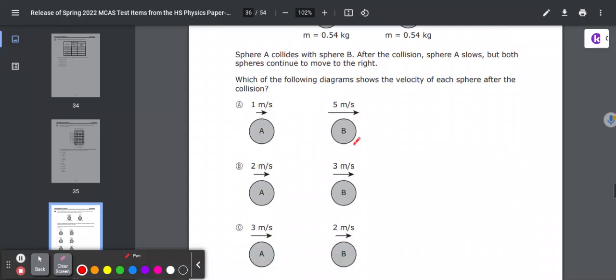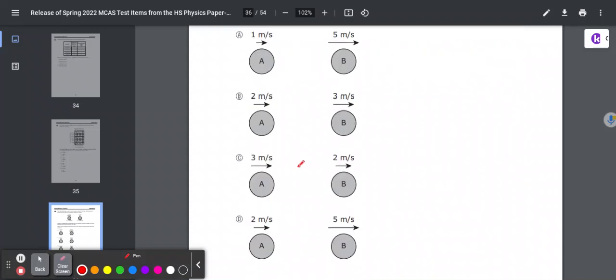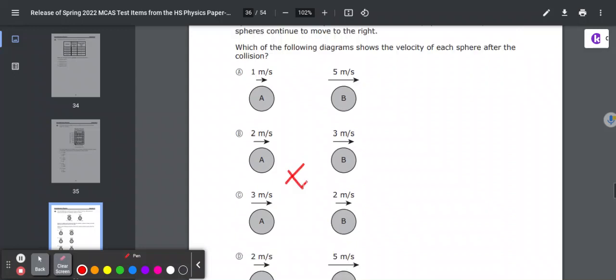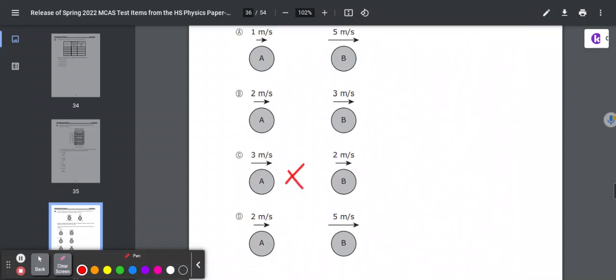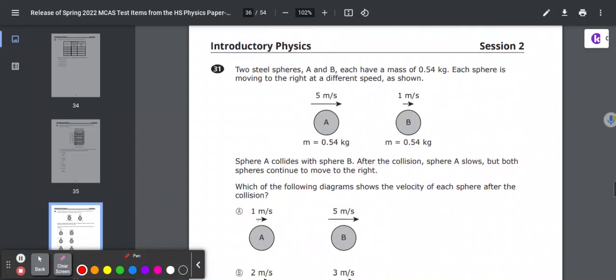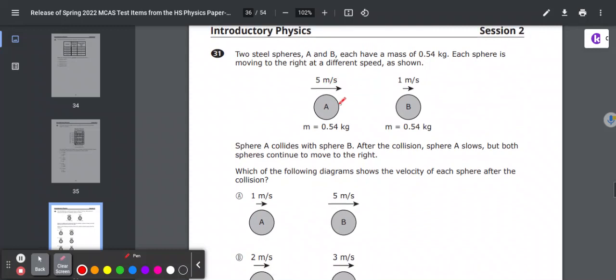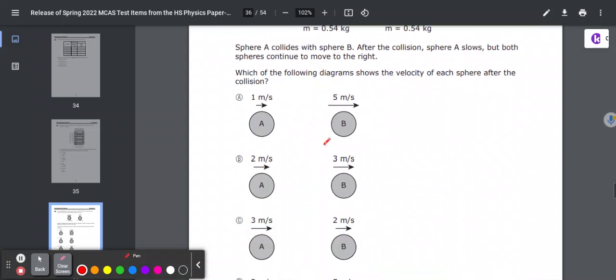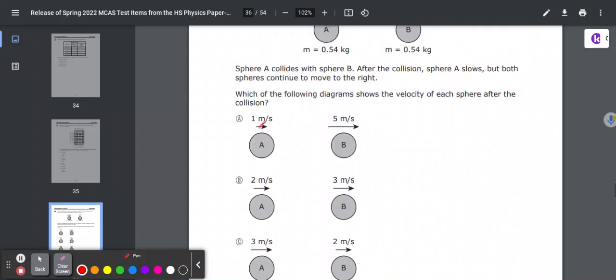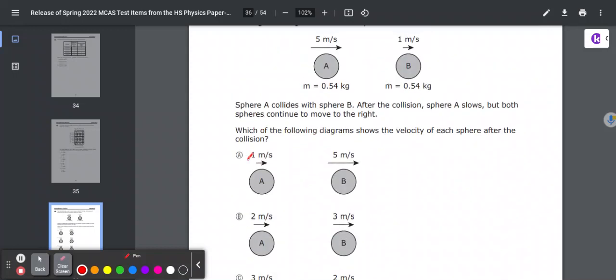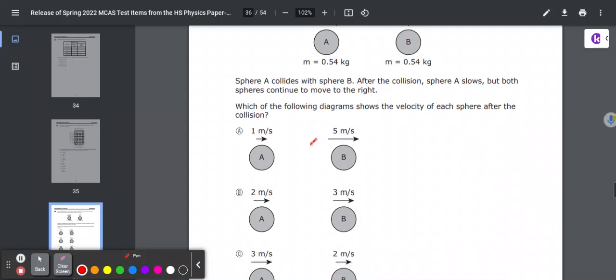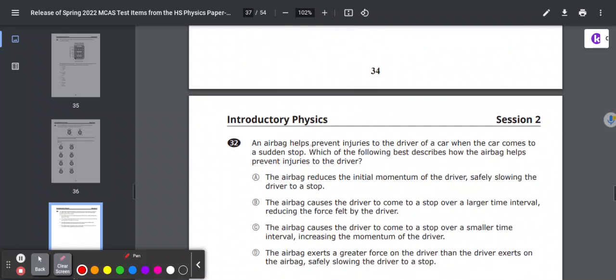So we can automatically cross out answer choice C. But we know that momentum is conserved, so the sum of the momenta should be the same. From this fact, the only answer that makes sense is choice A. So we are finished with this question.